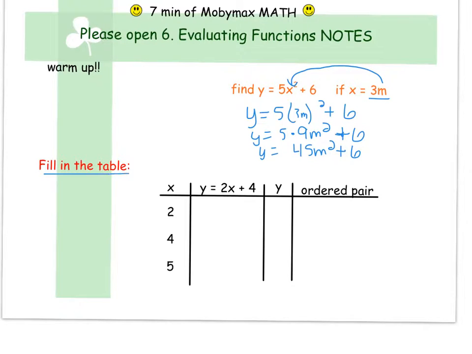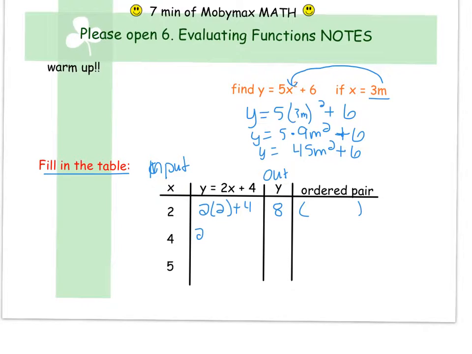So filling in the table, this is our input, and we're trying to find our output and the ordered pair so we can have a set of relations. So when x is 2, we're going to plug 2 in for x, and we get that y is 8.